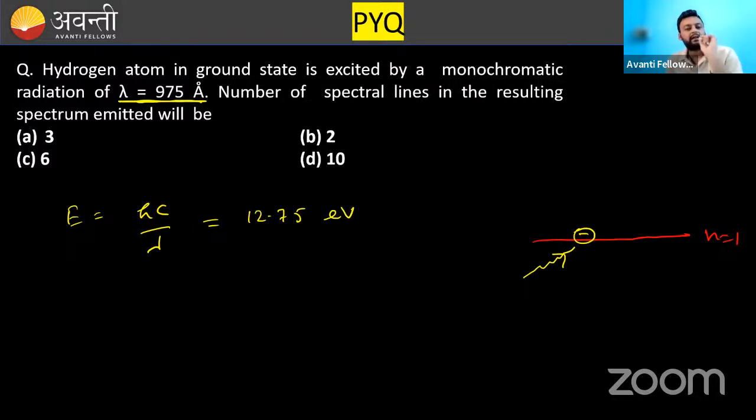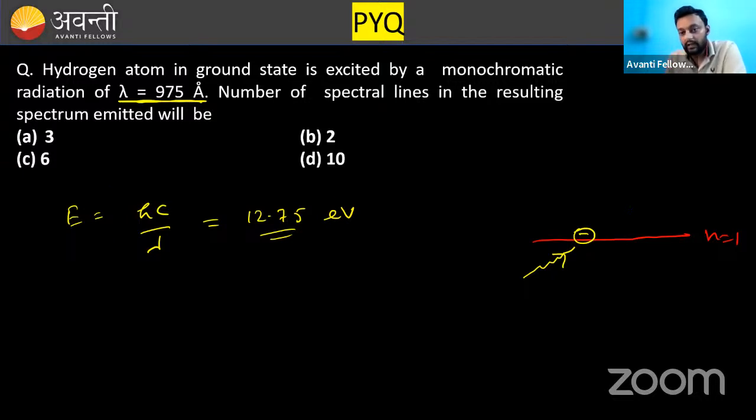That means the energy coming to the hydrogen atom in the ground state is approximately 12.75 electron volt. You know the value of hc and lambda is also given, so I have calculated this value.